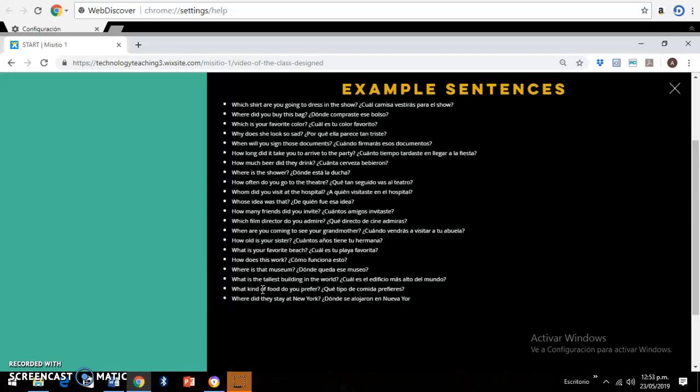dónde está, how often, qué tan, what did you, a quién visitaste, what was, de quién, how many, cuántos amigos, which, qué, when, cuándo, how old, cuántos, what is, cuál es, how does, cómo, where is, dónde, what is, cuál es, what, quién, qué tipo, where did, dónde.